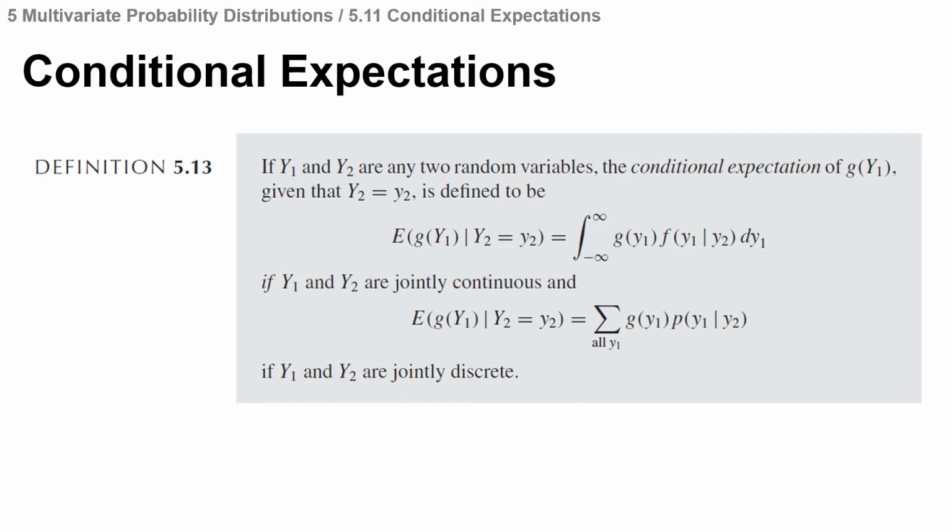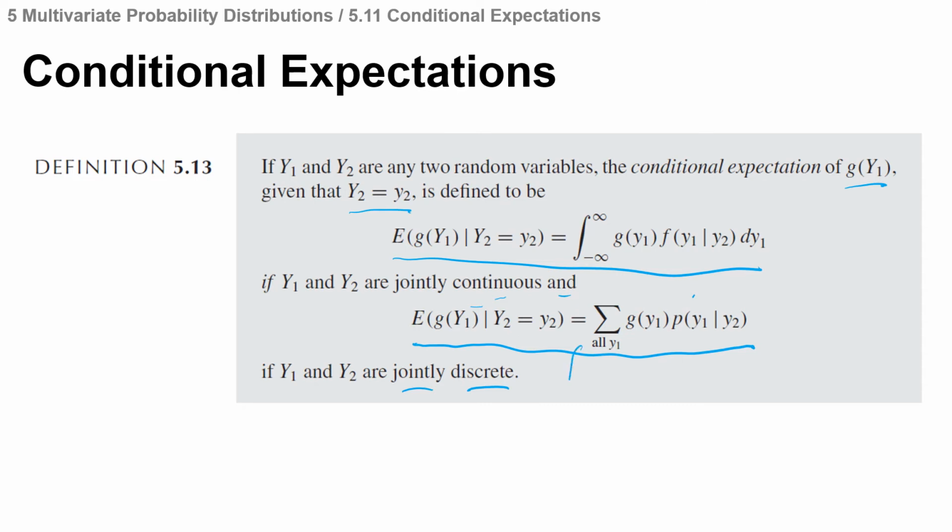Okay, chapter 5.11 is about conditional expectation. Here is definition 5.13. If y1 and y2 are any two random variables, the conditional expectation of g of y1 given that y2 equals small y2 is defined this way if y1 and y2 are jointly continuous, and defined this way if y1 and y2 are jointly discrete random variables.